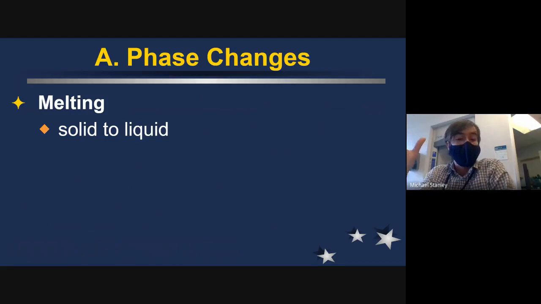We have a solid, we heat it up a little bit, it starts to change into a liquid, and we call this change melting. So if you leave some ice out on your counter, or you have something that is like a hardened ice block in your freezer, and you got to start thawing it out, the ice in there is going to start melting.